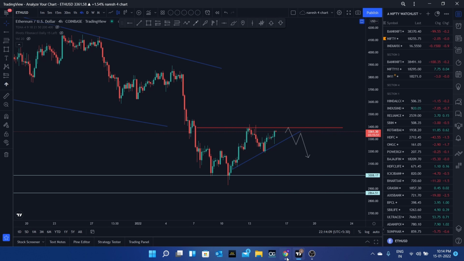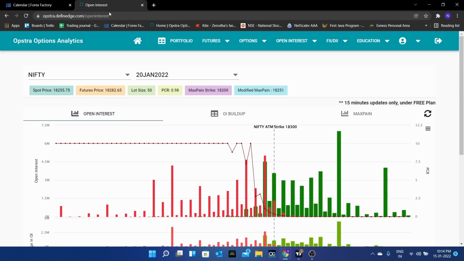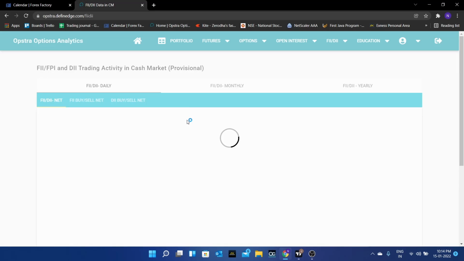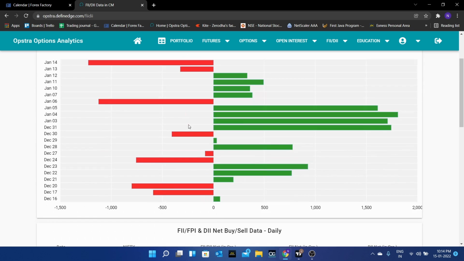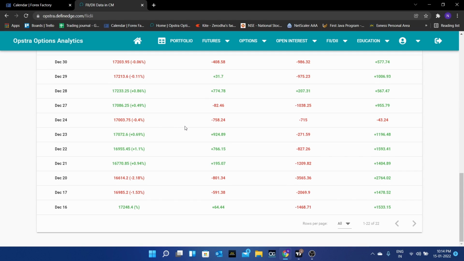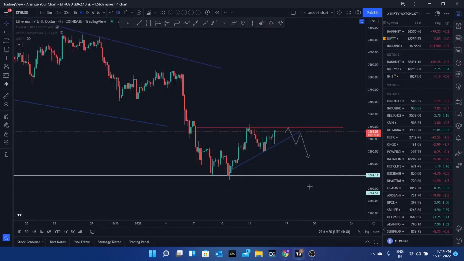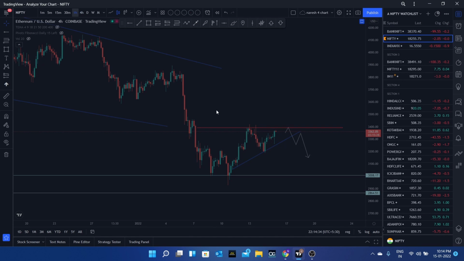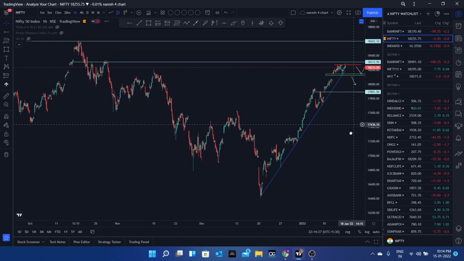Nifty of India, which is an Indian index. So you can see FII is buying and selling here. For a long time the FIIs were selling, after that they started to buy here, which gave a literally steep rally here.